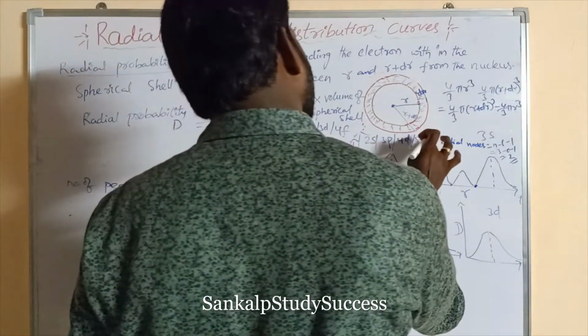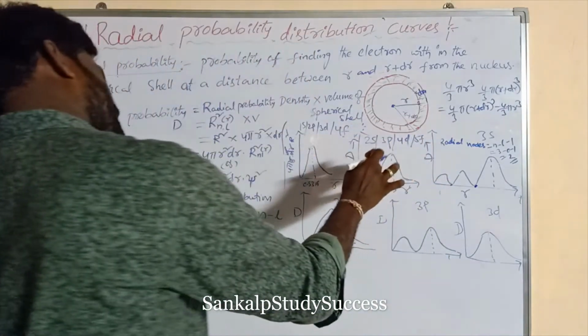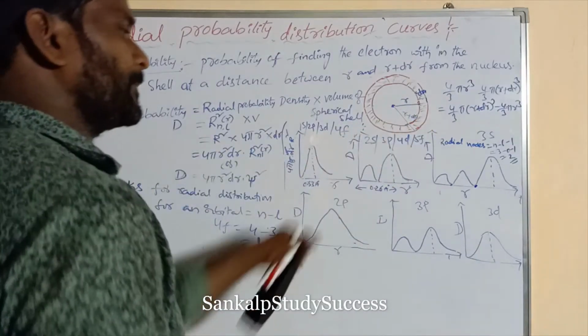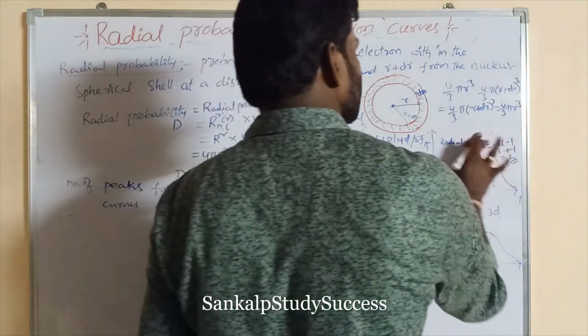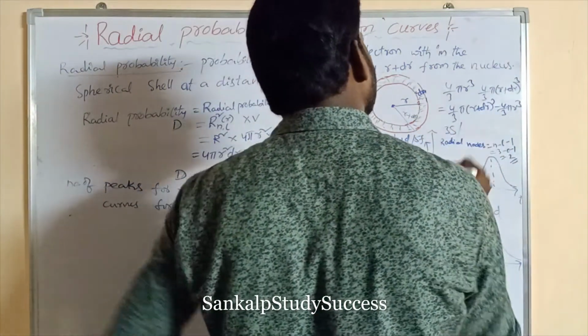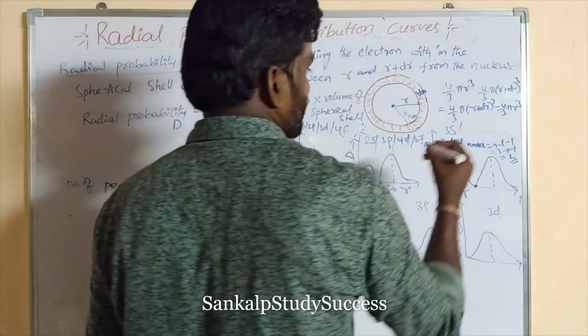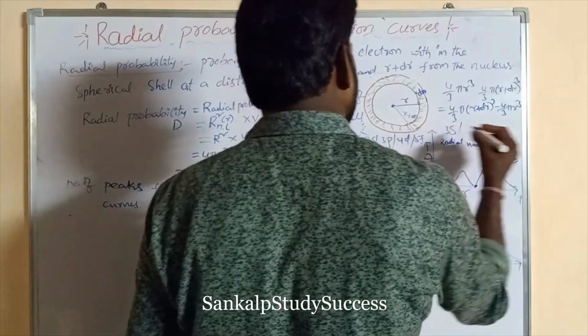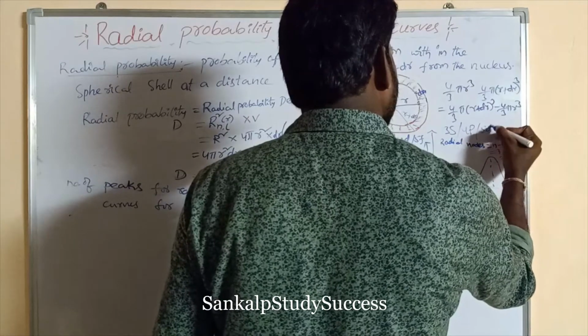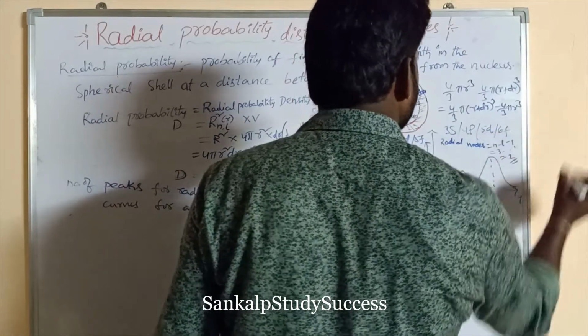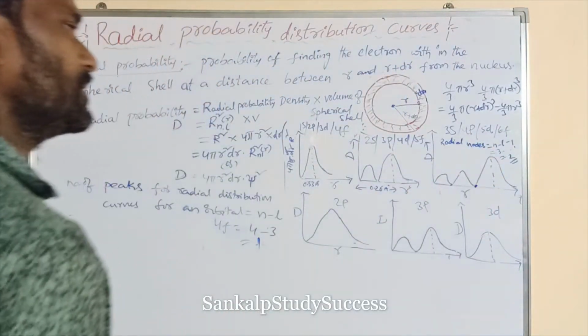These orbitals have the same diagram, and in them 2 peaks are observed. Similarly, 3s and 4p, 5d, and 6f are all having the same diagram.